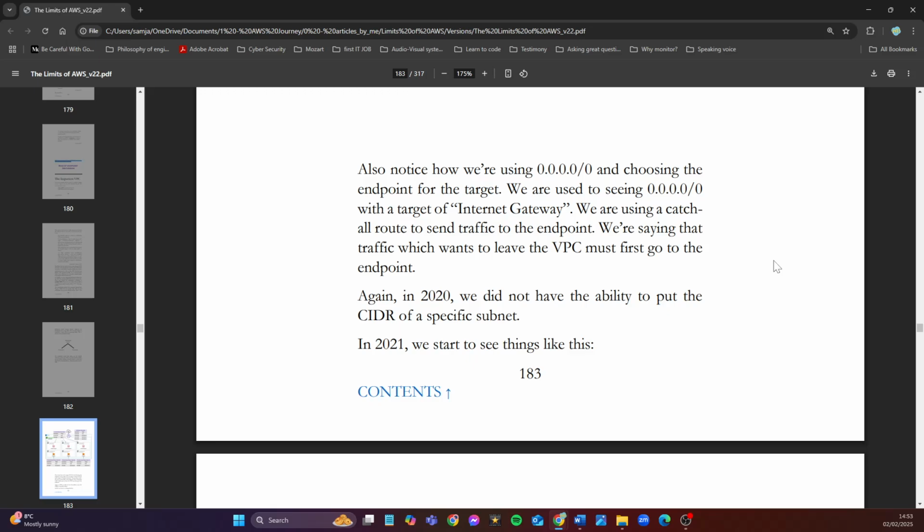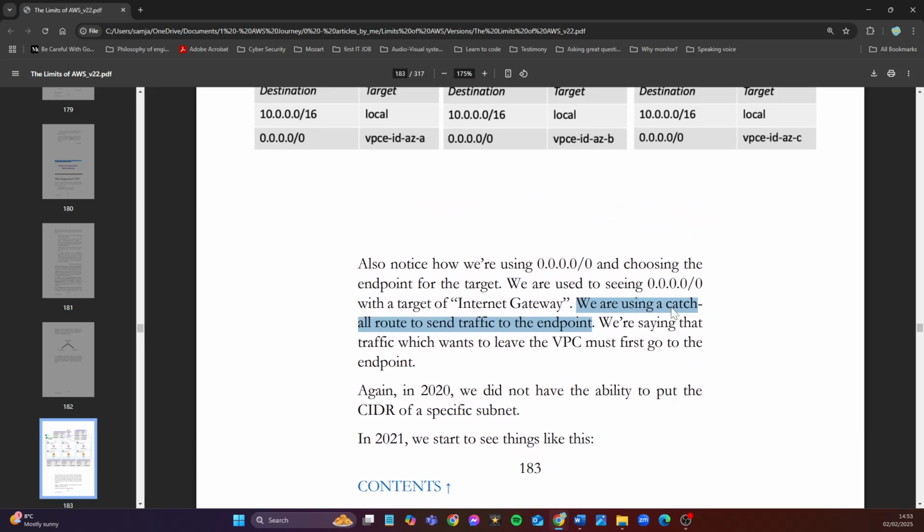Notice how we're using all zeros /0 and choosing the endpoint for the target. We are used to seeing 0.0.0.0/0 with a target of Internet Gateway. That's what we're habituated to seeing. Well, we are using a catch-all route to send traffic to the endpoint. Let's take a look again.